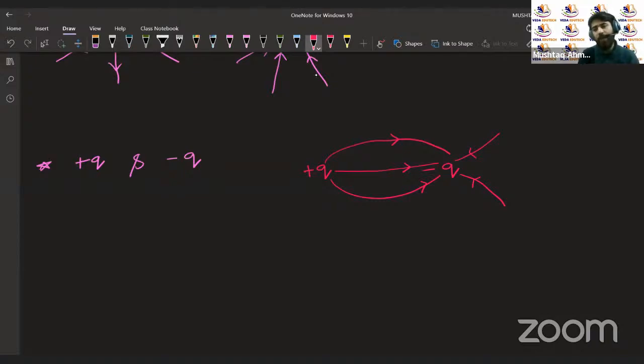The number of electric field lines terminating on the negative charge, or the number of electric field lines originating from this positive charge, depends upon the charge Q. So the greater the value of charge Q, the more electric field lines will originate from this plus Q charge, and the more will terminate on this negative charge if the charge Q has greater magnitude, right?